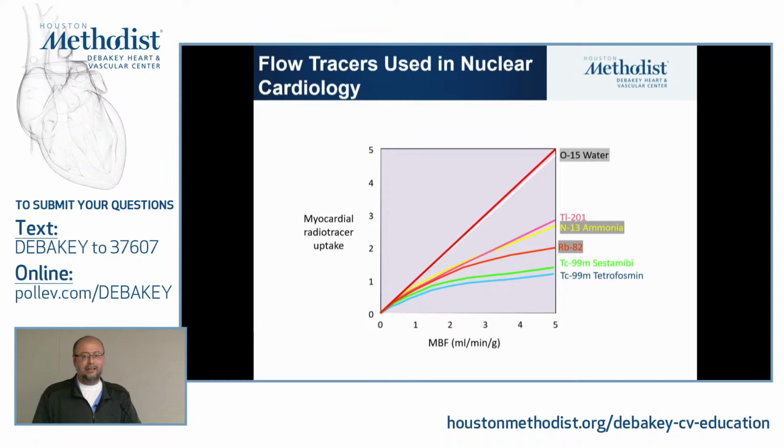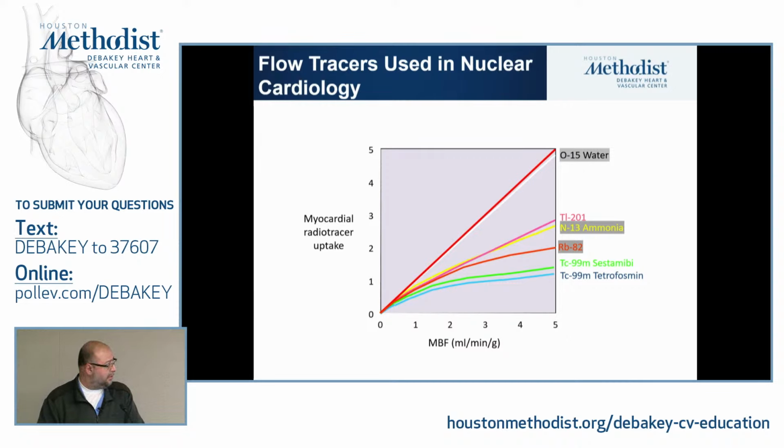Now, all the other radio tracers kind of plateau at a certain point. So you do not see a reduction in flow or perfusion until there is a significant stenosis. That could differ from one radio tracer to another. For example, F18 flurpiridaz is going to be in between, like here.